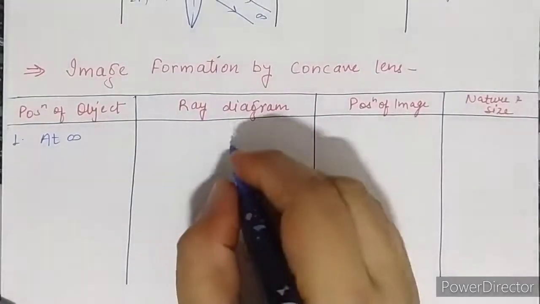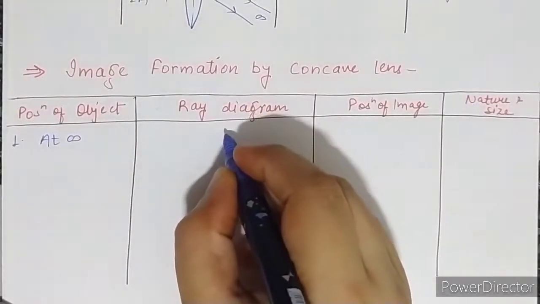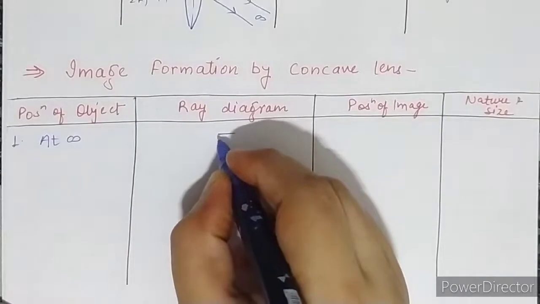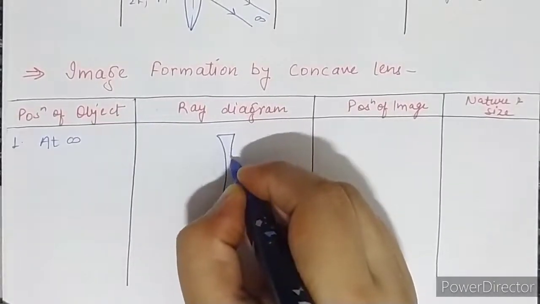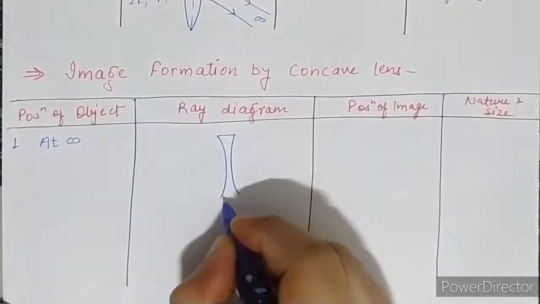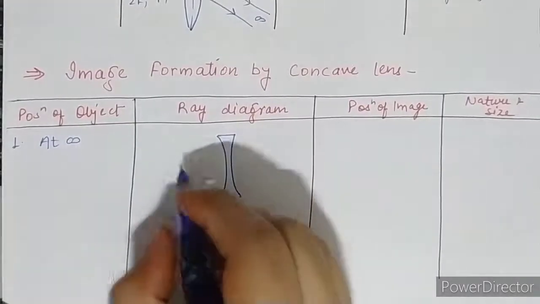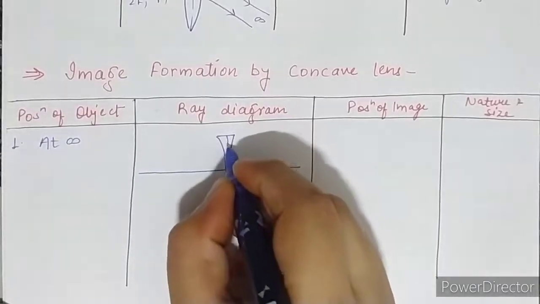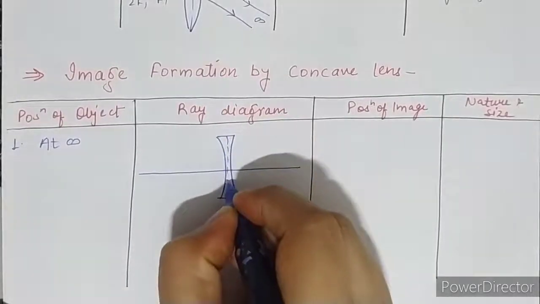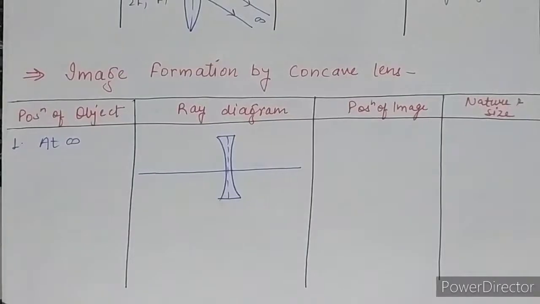So this is your concave lens, thicker at the edges, thinner at the center, and this one is your principal axis, and here I have drawn the separation. Now the object is at infinity.